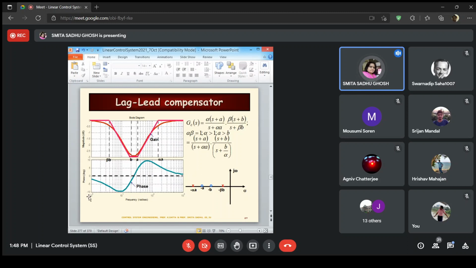Now, intermediately, of course, first of all, we see that the first corner frequency that we encounter corresponds to beta B. Beta B corresponds to a 0. So 0 means what? Basically, it corresponds to a pole. So pole means what? Pole has a negative contribution to the phase.